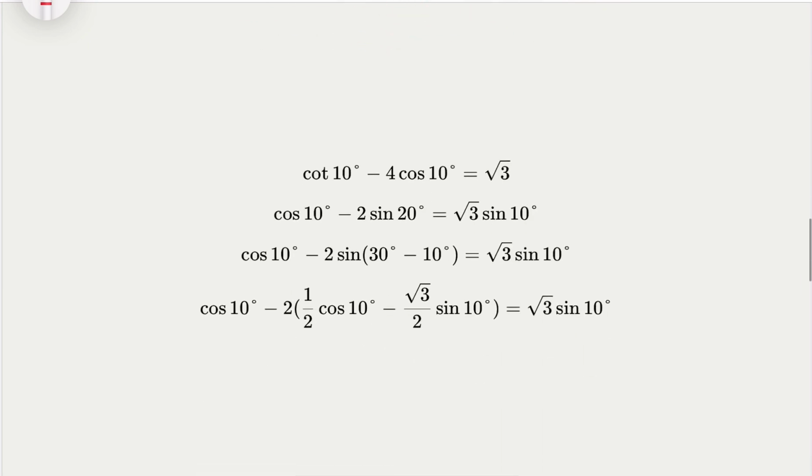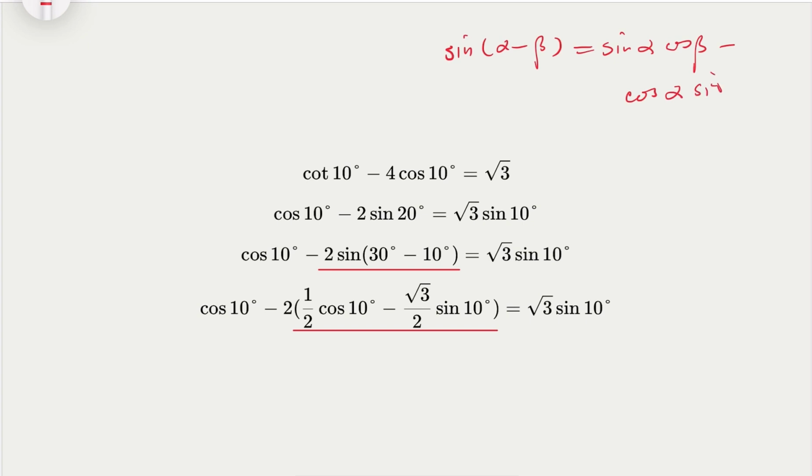So here we have 30 minus 10, and then you can use this formula to replace it, based on sine of alpha minus beta equals sine alpha cosine beta minus cosine alpha sine beta, right? So here you notice that this cancels with cosine 10, and here you exactly get square root of 3 sine 10 degrees. So the equation holds, and you go backwards for the proof.